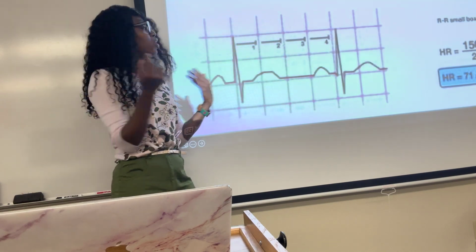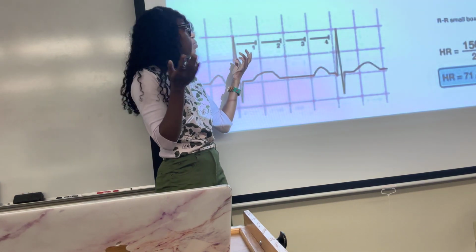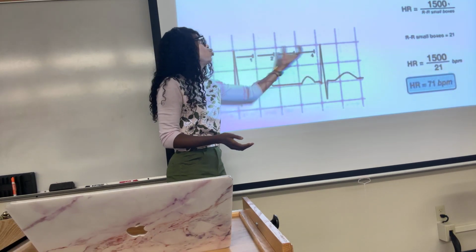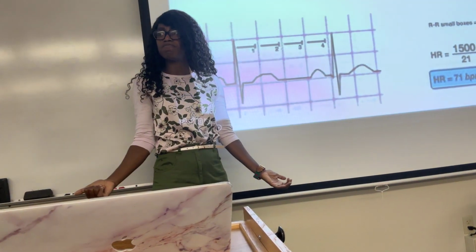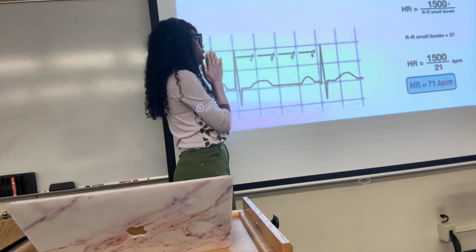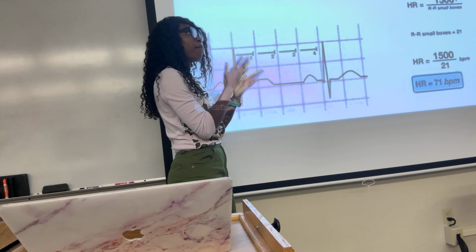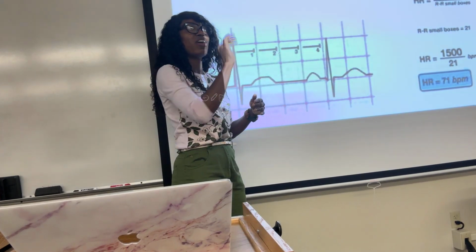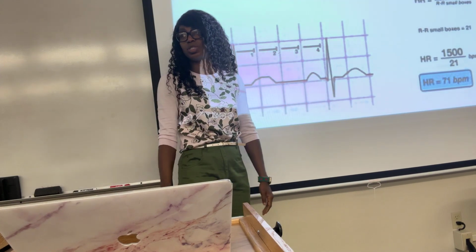Or if you don't remember, then you're like, okay, I know it's 300 over something. How many boxes are between the 2 peaks? 1, 2, 3, 4. Okay, so it's 300 divided by 4.